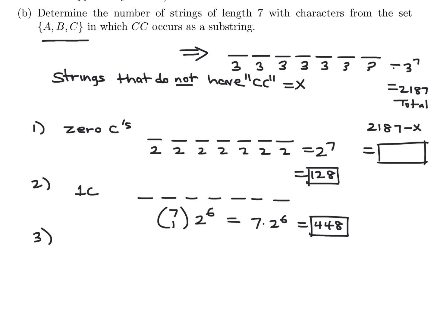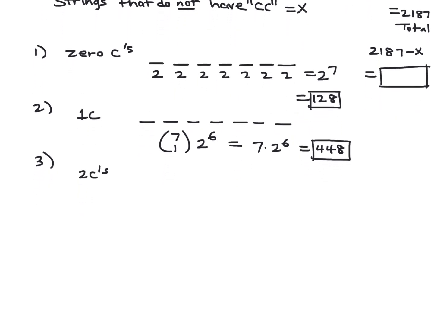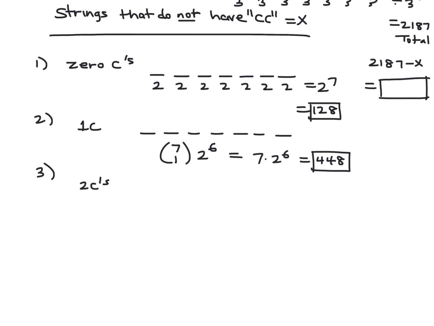Now the next one is when you have 2 C's, but those 2 C's cannot be together, right? Because we're trying to figure out the number of strings that do not have the CC. So, okay. So we got 1, 2, 3, 4, 5, 6, 7. Yeah.